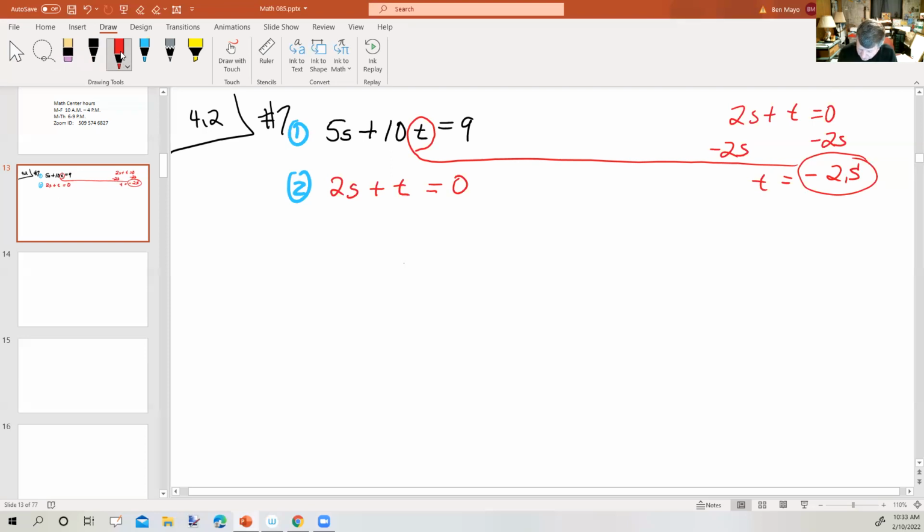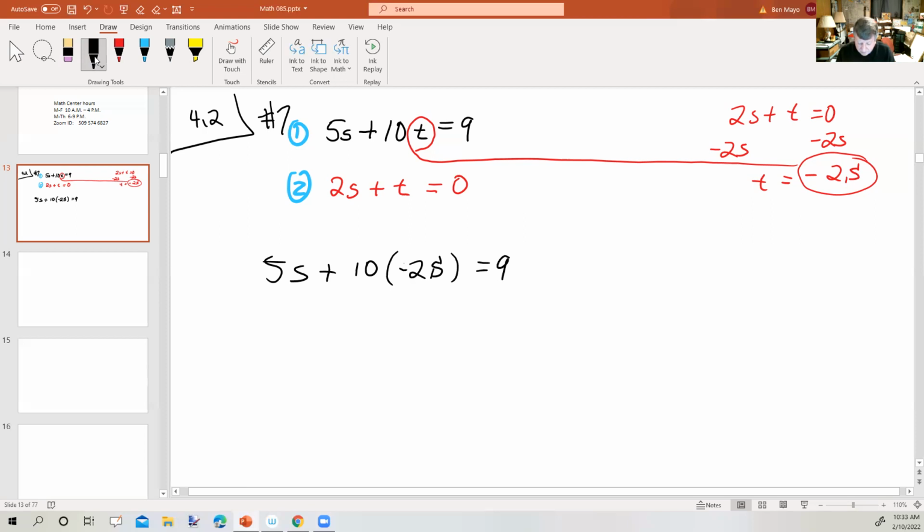Now I have 5s plus 10 times the quantity negative 2s, because I replaced t with negative 2s, equals 9. If I've done this step correctly, this should produce one equation with one unknown. And I see that the only variable is s.